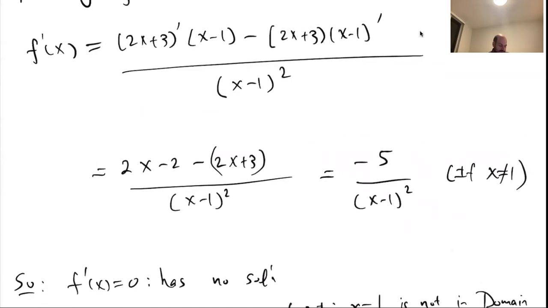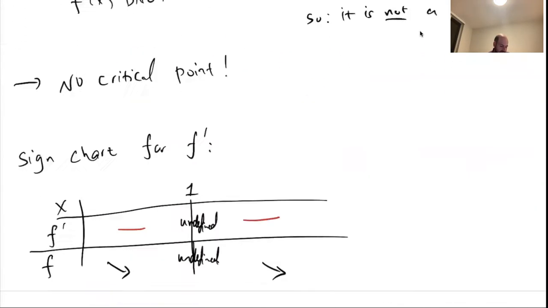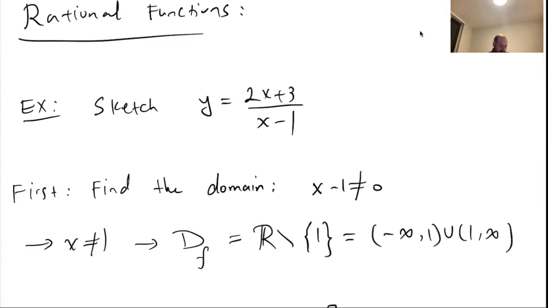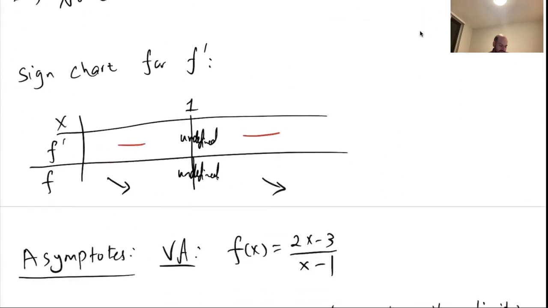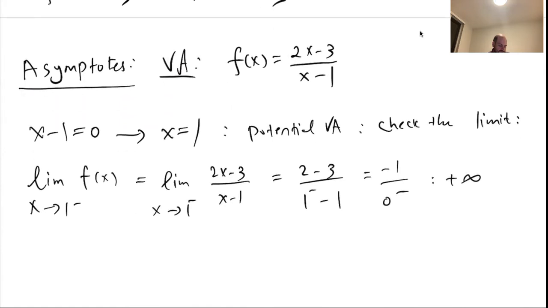Oh, sorry, it was 2x plus 3, the original question. So 2 plus 3 is plus 5 over 0 minus. So that's minus infinity.